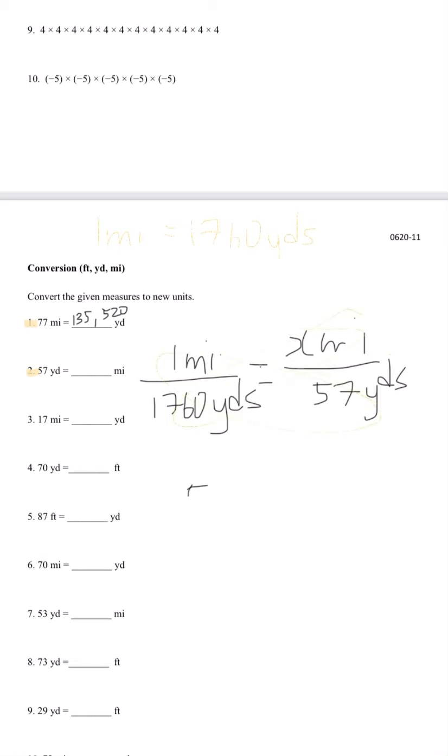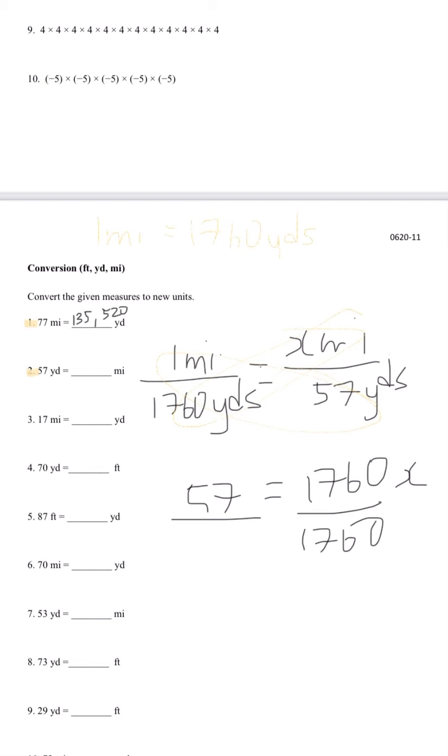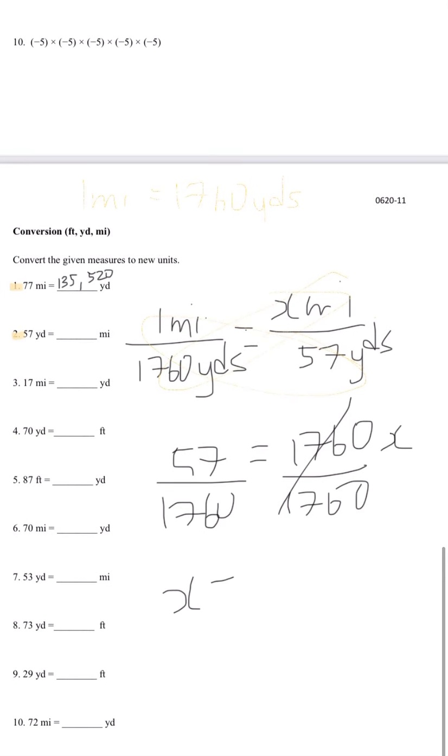And then we get 57 equals 1,760x, right? When we divide by 1760, we get 0.0323 something.